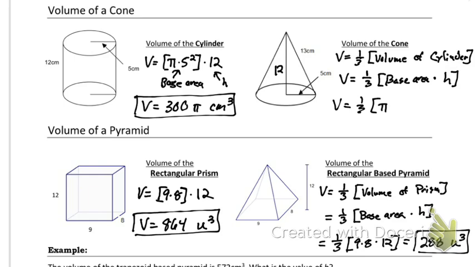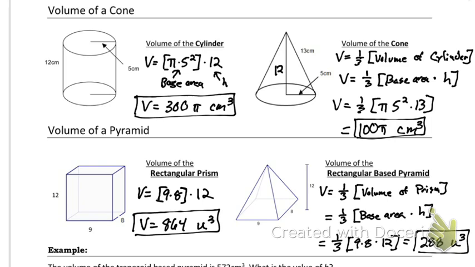So it's pi times 5 squared times our height, which is 13. And this is going to come out to being 100 pi centimeters cubed. So all those shapes that come to points, the pyramids and the cones, are all going to be 1/3 your base times your height.